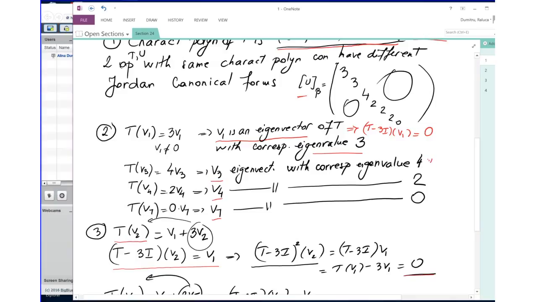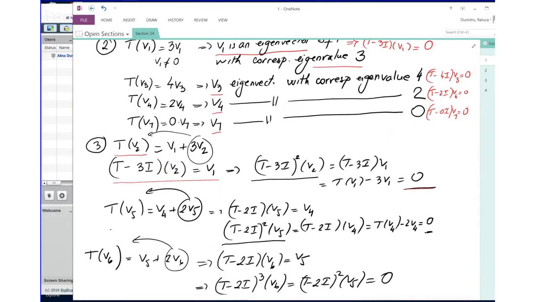Same for V3, corresponding to 4, so T minus 4 identity of V3 is 0. V4 corresponds to 2. And V7 corresponds to 0, so T minus 0 identity of V7 equals 0. So T minus lambda identity, where lambda is the eigenvalue, applied to the eigenvector would give you 0.